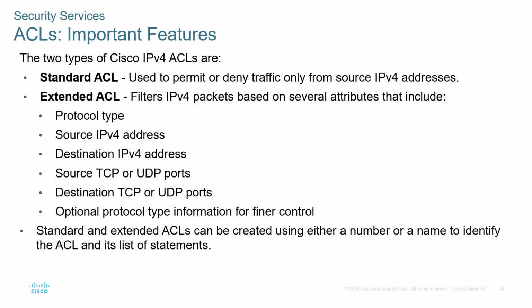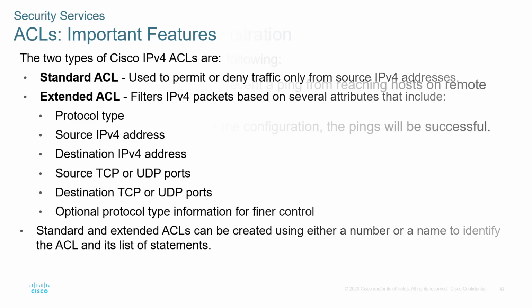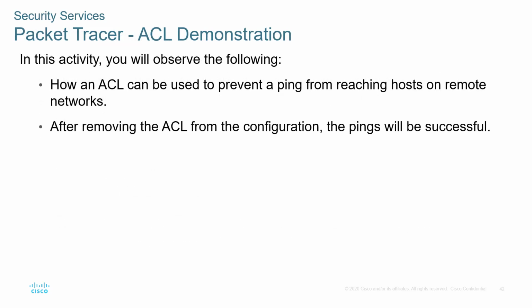You can filter off of source ports, UDP or TCP, or destination ports. You can also then do a combination of protocol types for better control. So you can filter off of address and then include different ports to allow or deny if we are using an extended ACL. We have a lab covering the creation of an ACL.